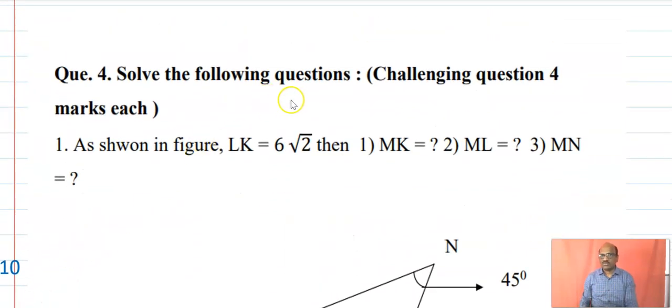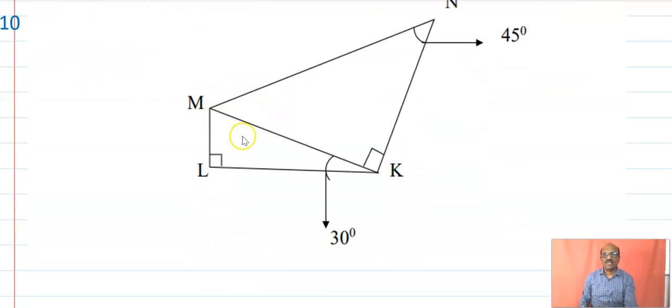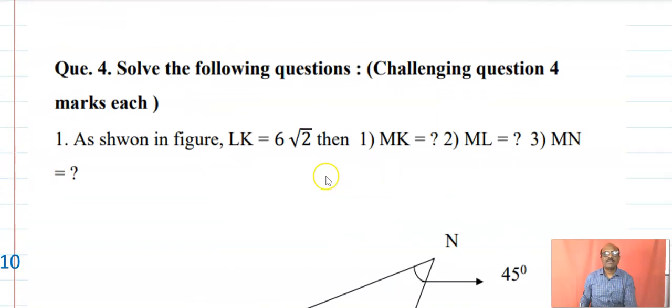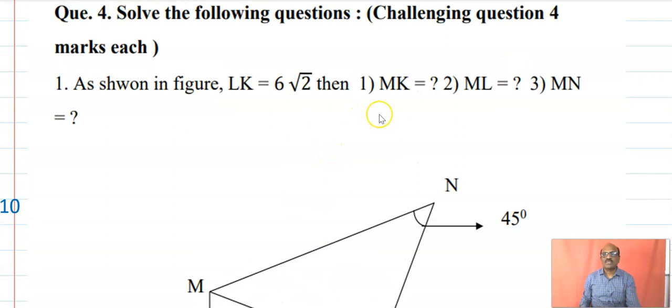Solve the following question. It's a challenging question. 4 marks. Okay. As shown in the figure, LK is equals to 6 root 2. LK is equals to 6 root 2. Okay. What about the next?